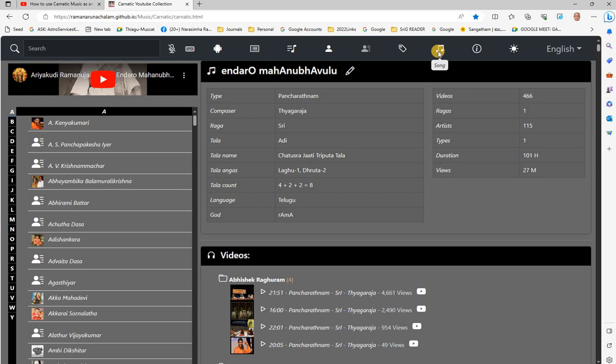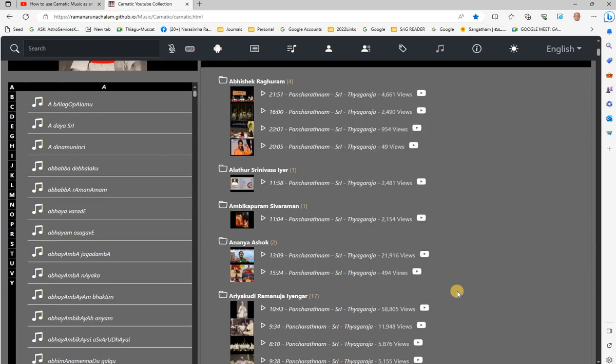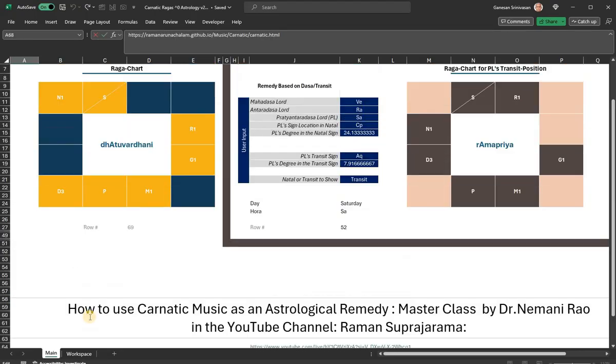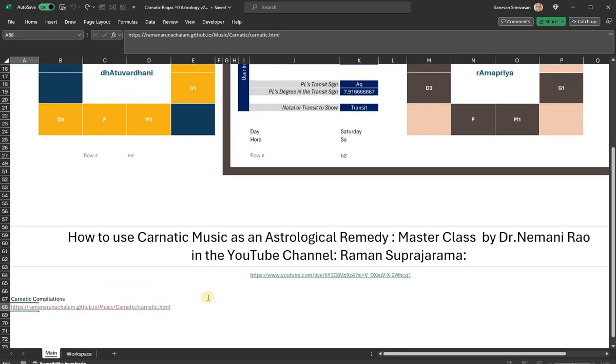So this is the song also. So who is the performer, who is the composer. So this is beautifully linked to YouTube also. So you can directly listen by pressing a button here for your remedies. So that beautiful compilation is this particular website that I have shown you here called ramanaarunachalam.github.